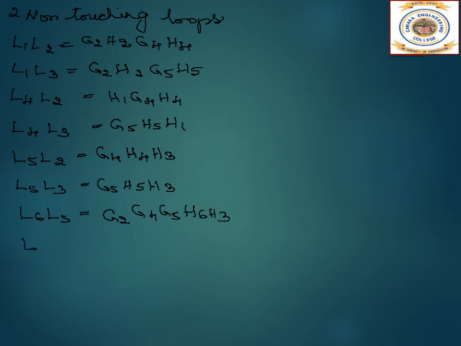Then L4, L5 equal to H1, H3. So these are the two non-touching loops.